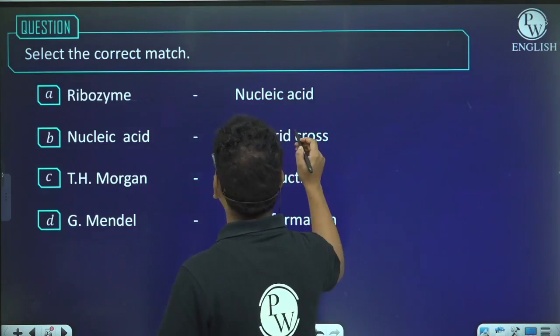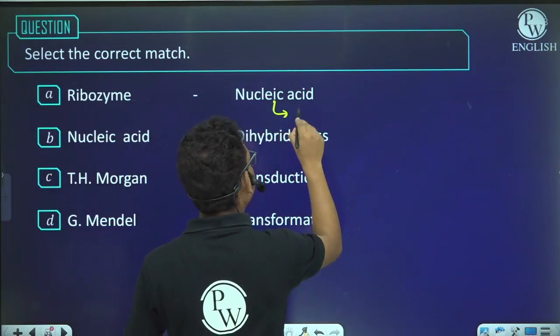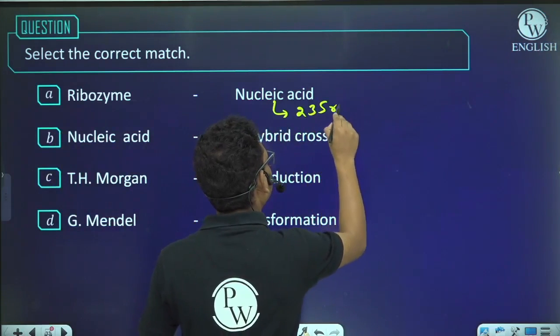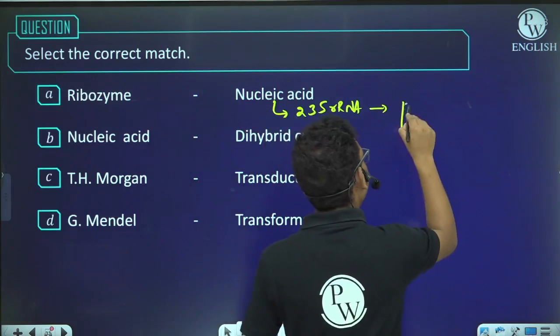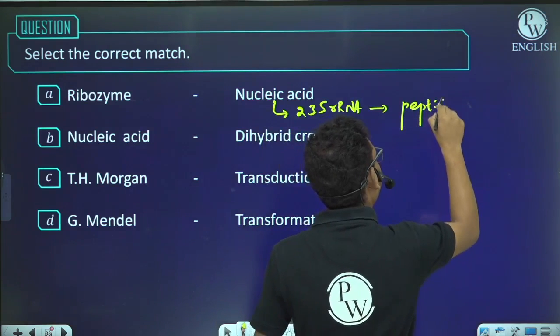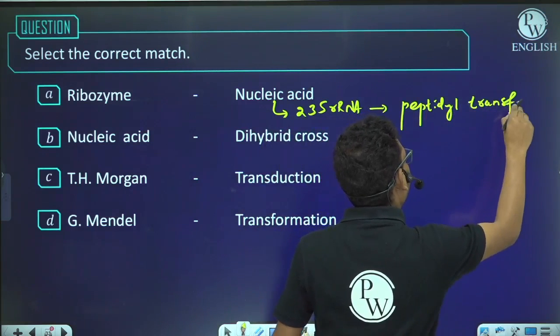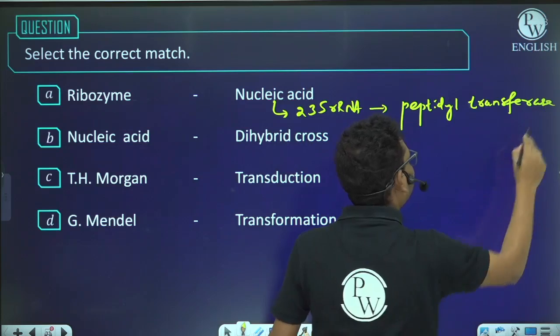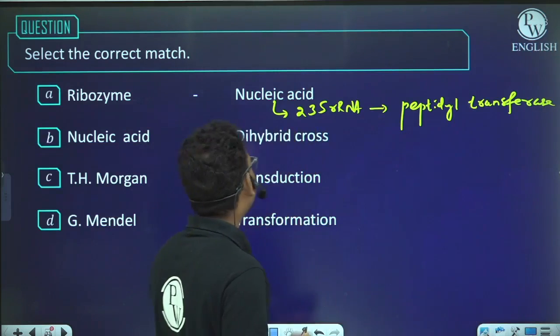So the example is what? 23S rRNA. And what do you call this? We call this peptidyl transferase. What does this do? It transfers the peptide chain from the P site to the A site during translation.